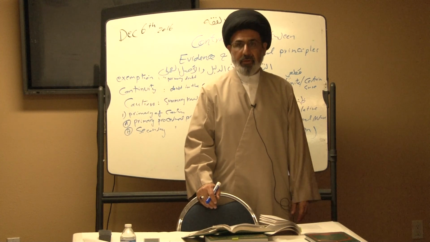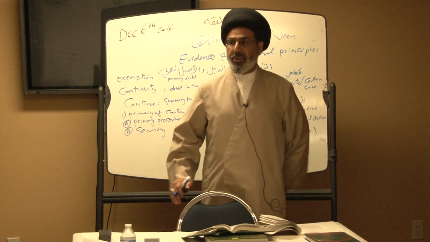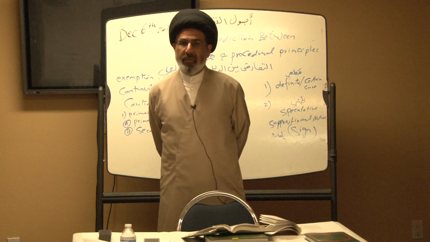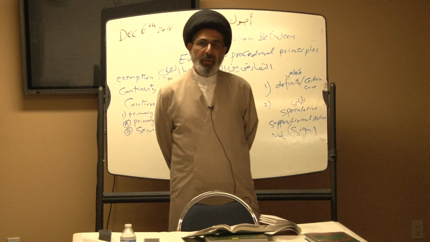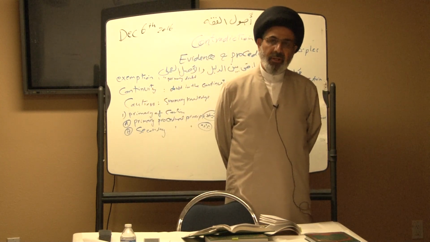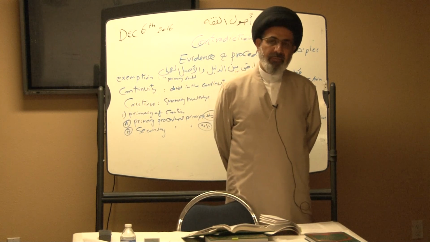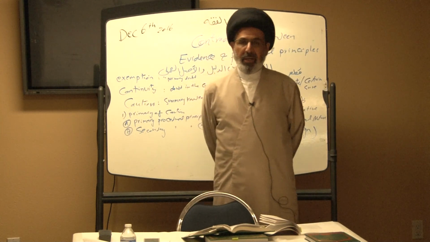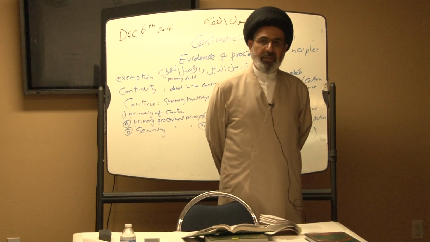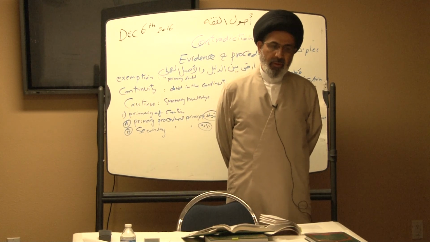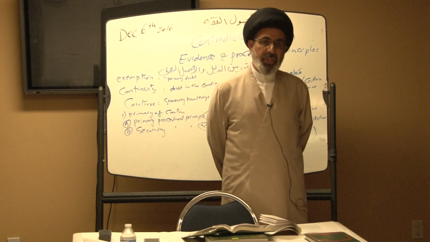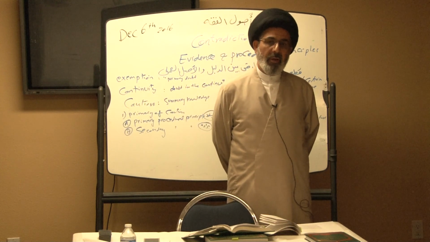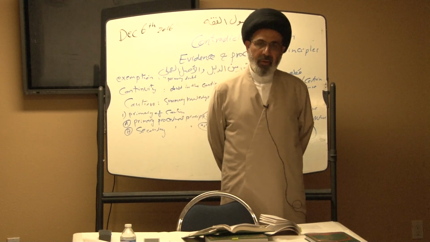The evidence over the procedural principles, for the very obvious reason, because from the evidence we derive ilm and qat'. It is a definitive evidence, while the procedural principles are dhanni, speculative.